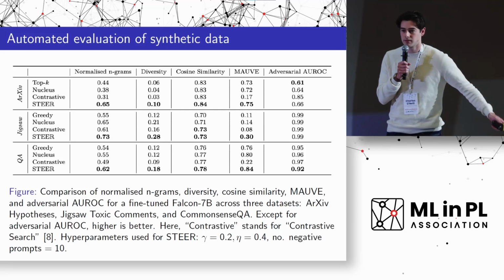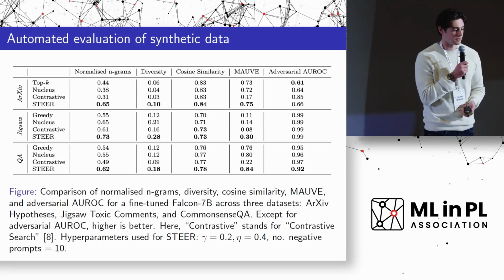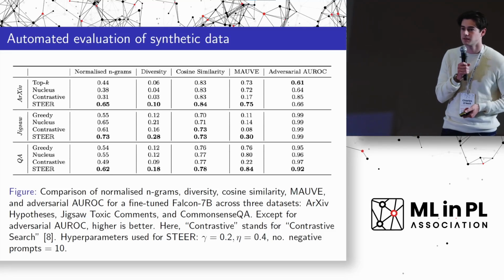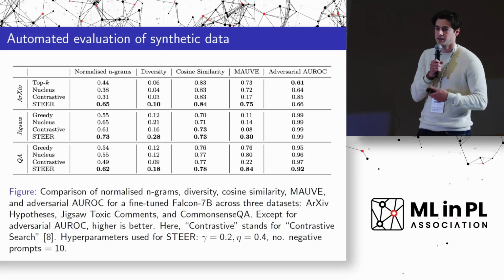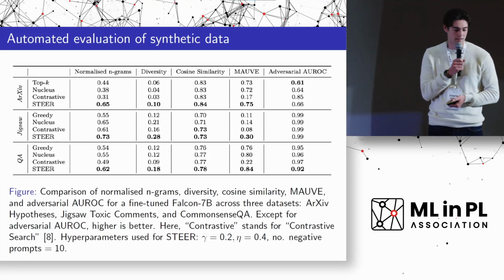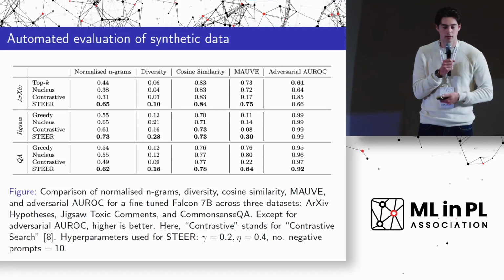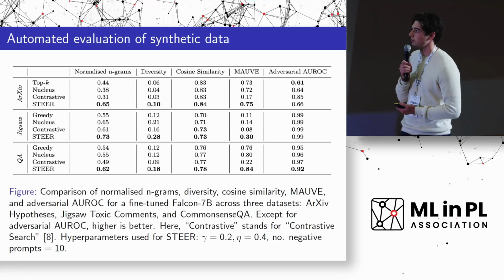We used all these synthetic metrics to evaluate how good our synthetic data was. Normalized n-grams and diversity are 2 measures which measure diversity. The other ones measure fidelity, so how closely our real data distribution matches our synthetic data distribution. A lot of these are calculated with embeddings, for which we used the text-ada-002 model.